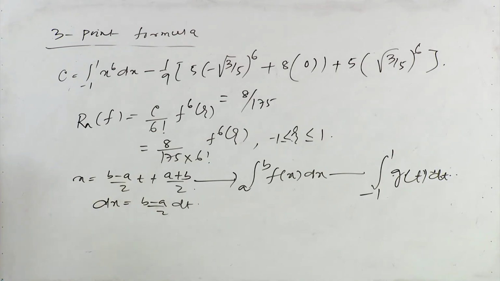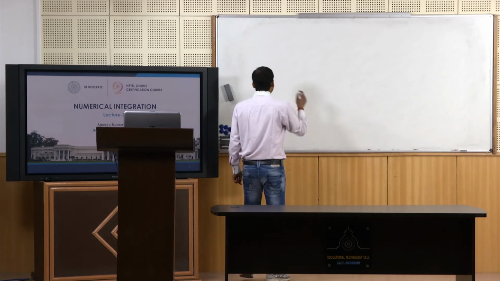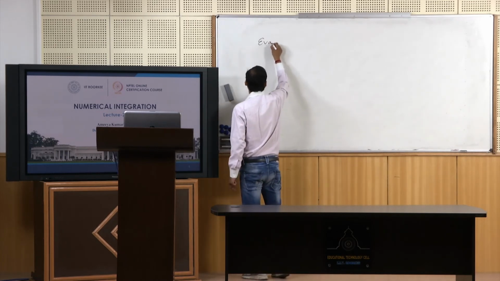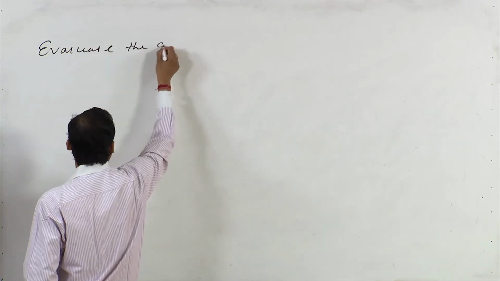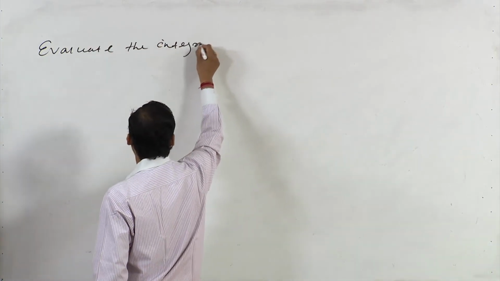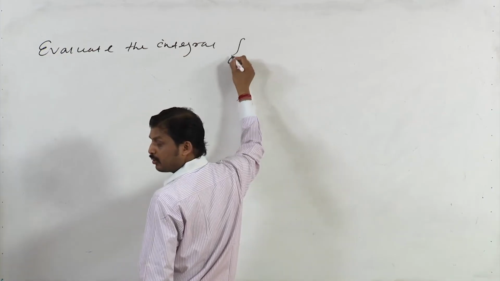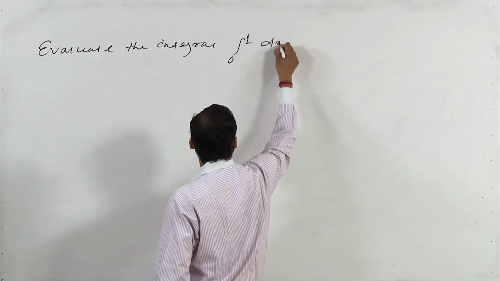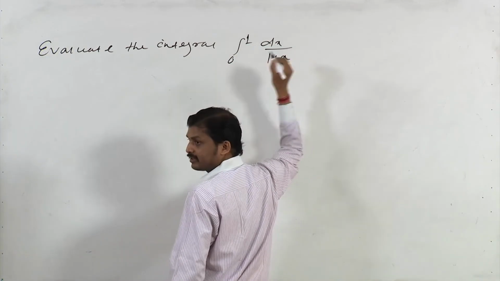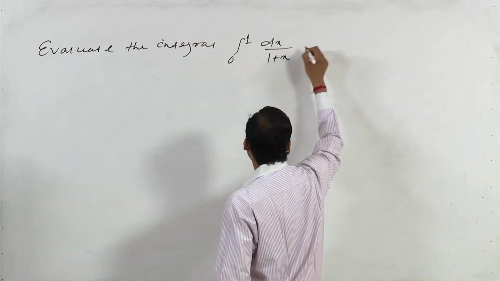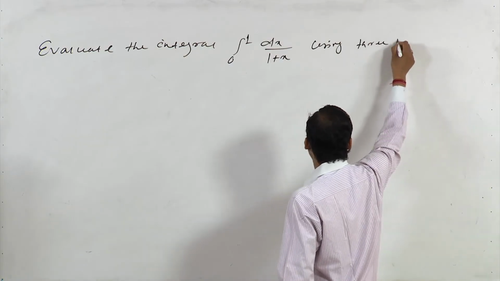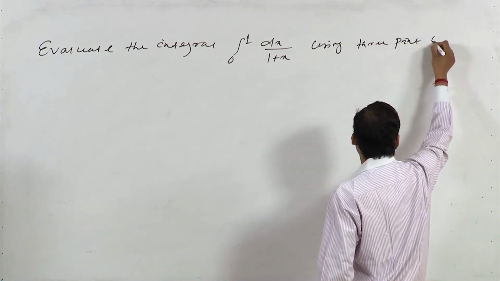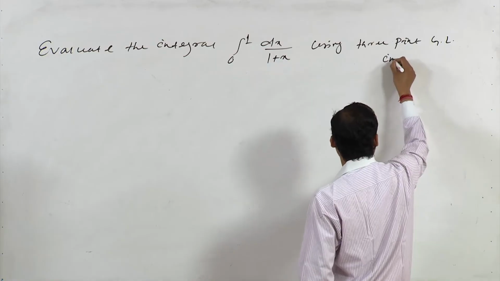Suppose we write this integral: evaluate the integral 0 to 1 dx by 1 plus x using the 3-point Gauss Legendre integration method.